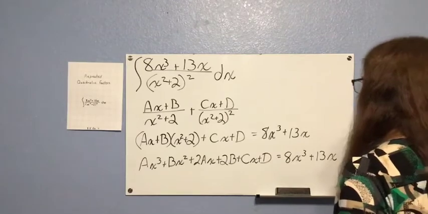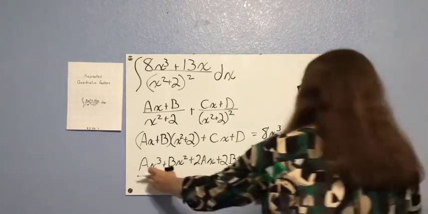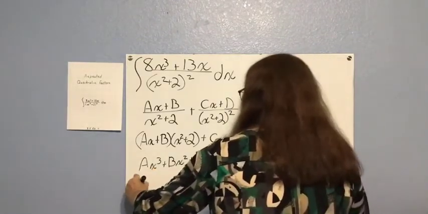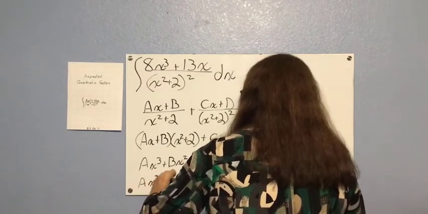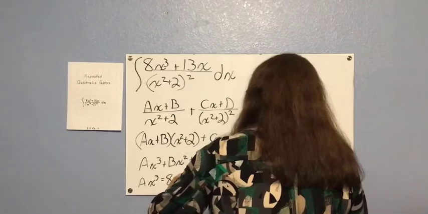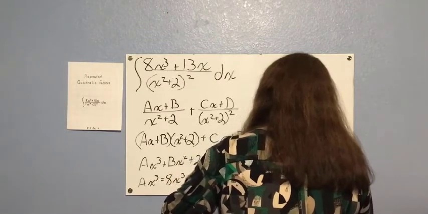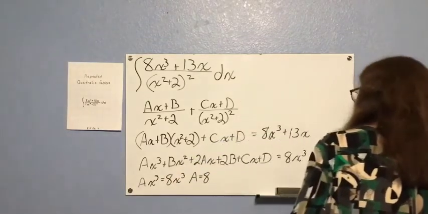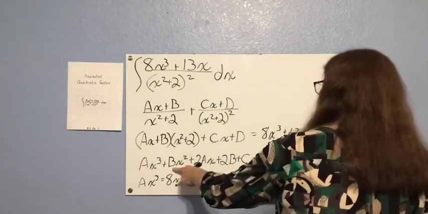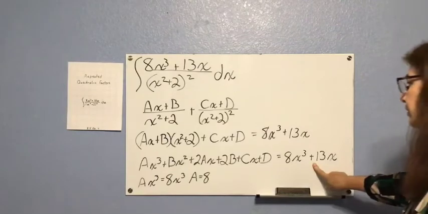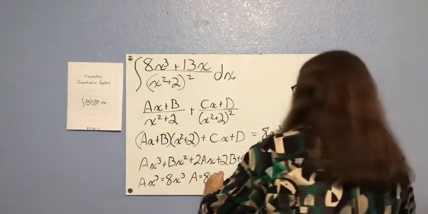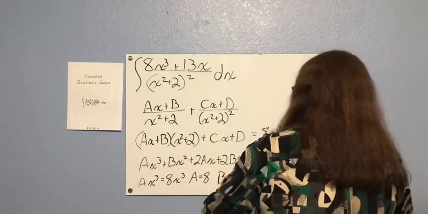Okay, now I'm going to compare like terms. I have ax cubed equals 8x cubed, so a must equal 8. I have bx squared, but on this side I don't have any x squared term. So that means that b must equal 0.